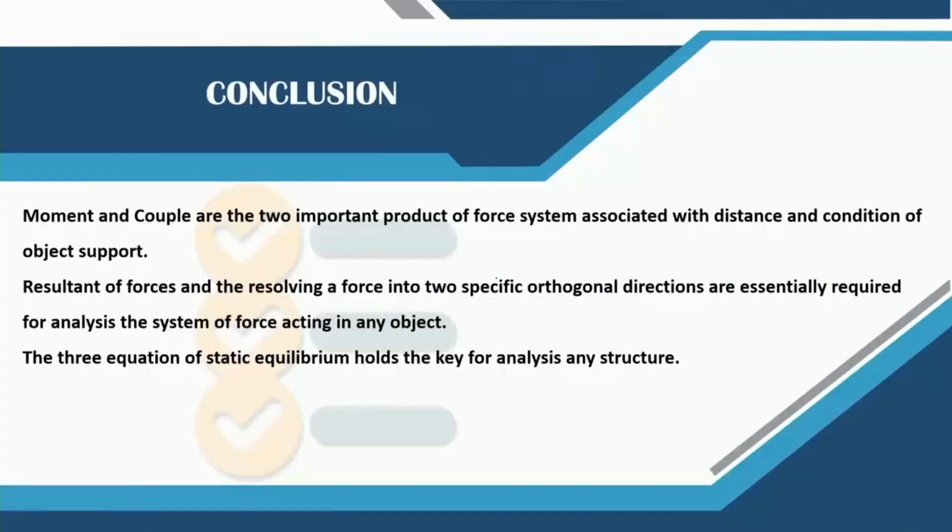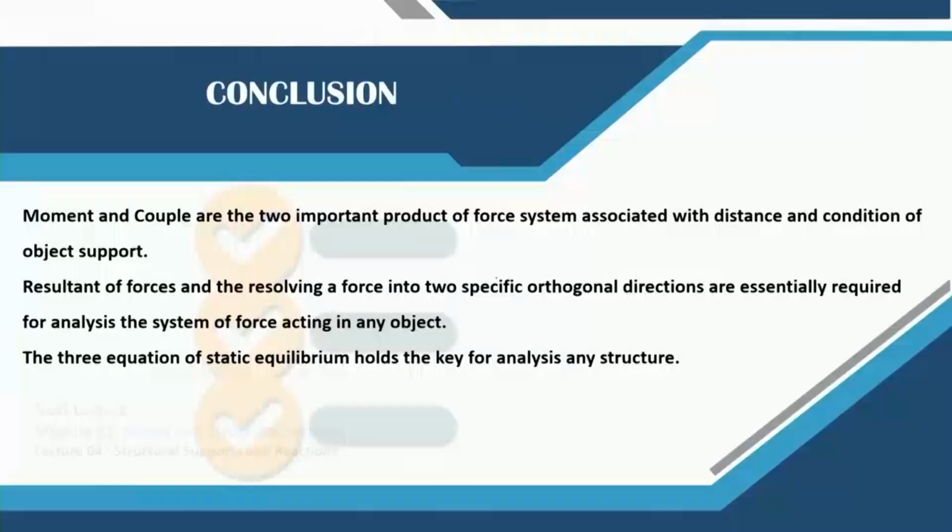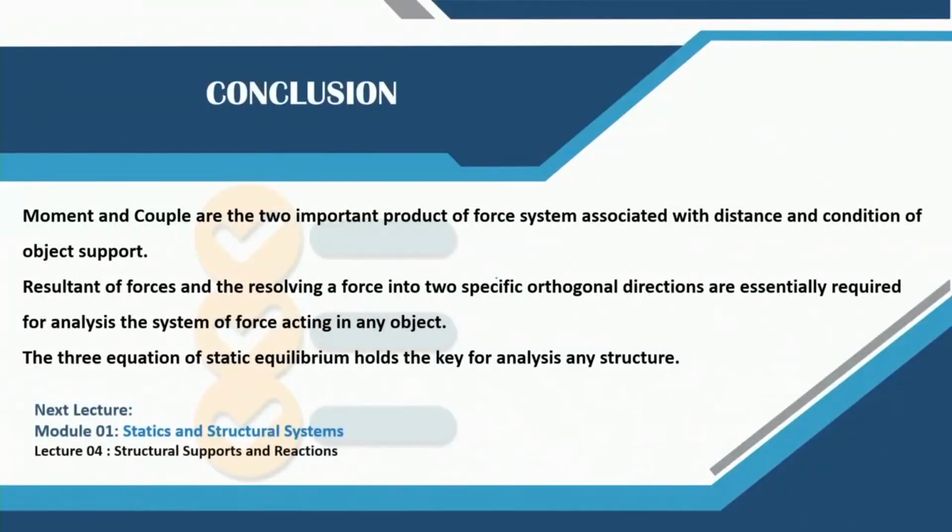The 3 equations of static equilibrium hold the key for the analysis of the structure, because otherwise we cannot find the total nature of the forces. Based on that, my next lecture number 4 will be structural supports and reactions.